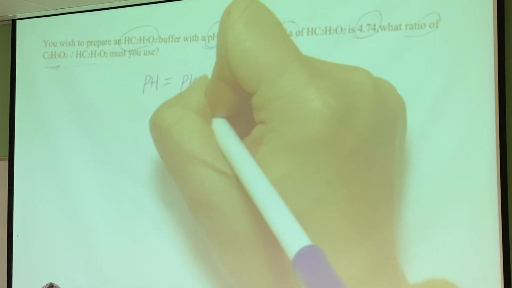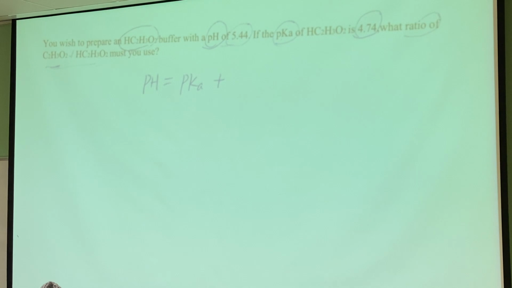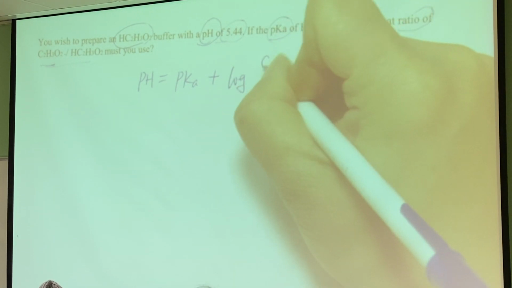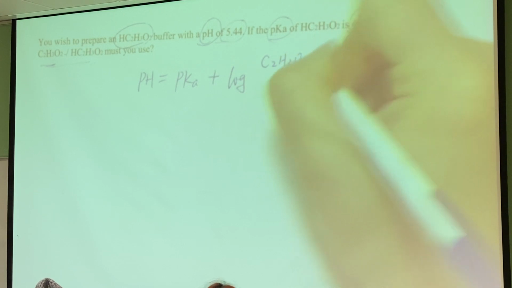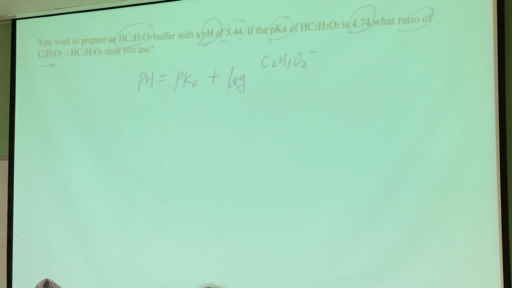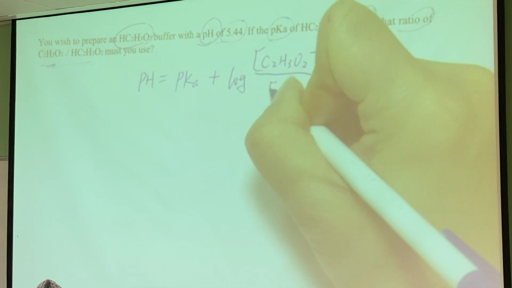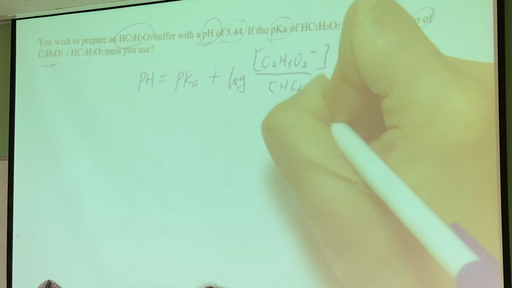Let's see, okay, I'm having pH, having pKa. So the relationship between pH and pKa is the Henderson-Hasselbalch equation. Log of base, here the conjugate base, acetate ion, right? And then the acid is my acetic acid.